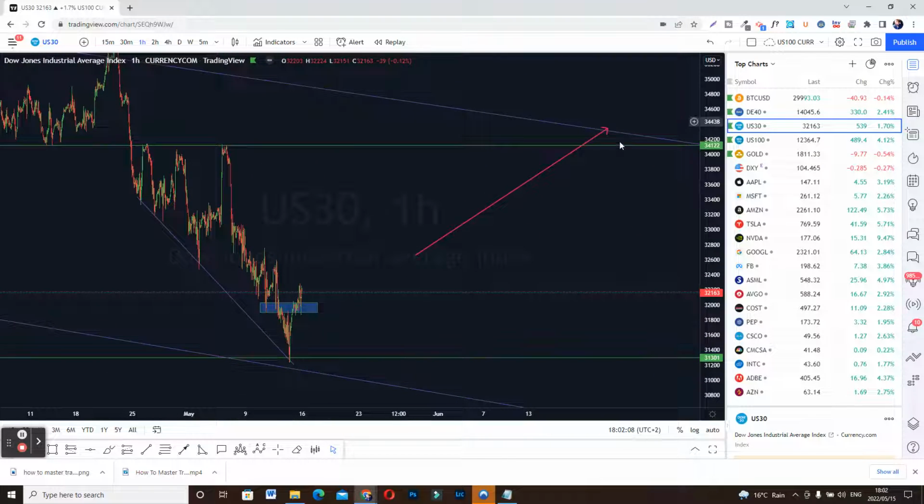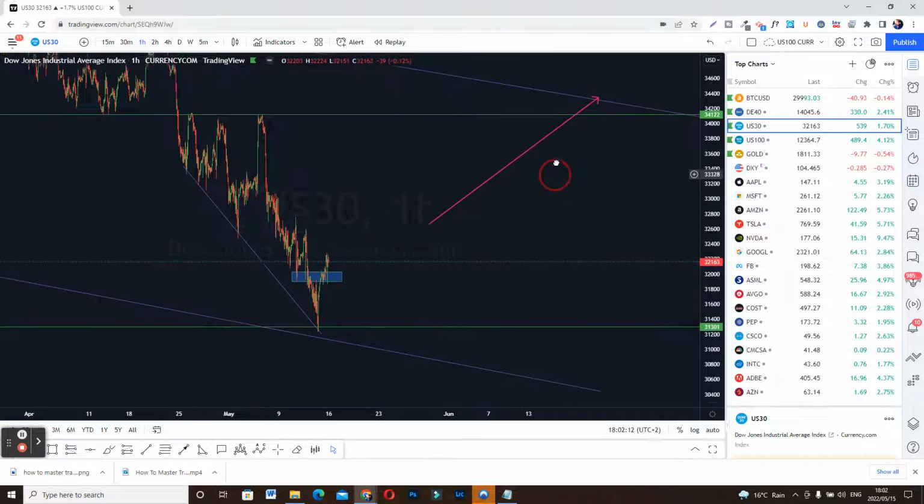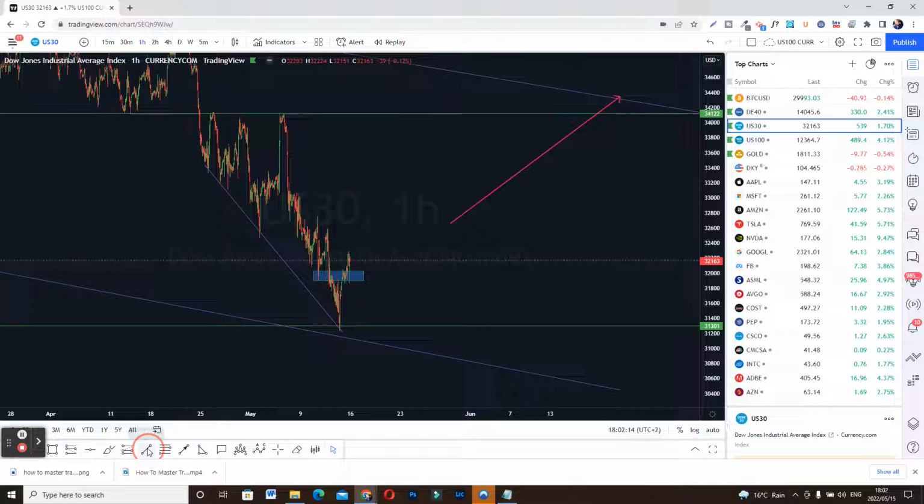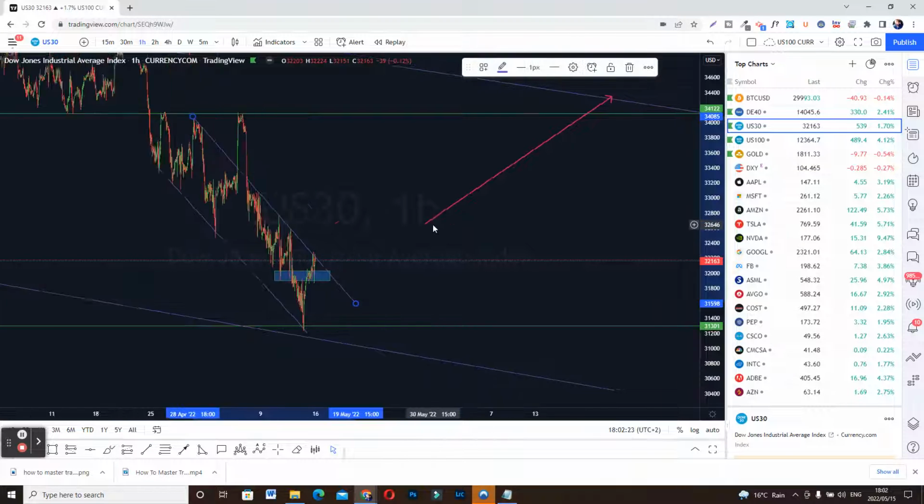We'll see in the future where it will coincide with the trend line up there. And let's look for another trend line that goes to the bottom, like so.